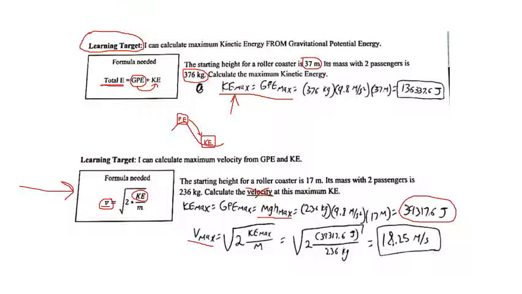It starts at the beginning, up here, and then in the end it's converted to kinetic energy, but all of that kinetic energy came from gravity right at the beginning. That's the source of the speed. So in order to find the maximum kinetic energy or the maximum speed, you first need to know how much potential energy it started with and go from there.